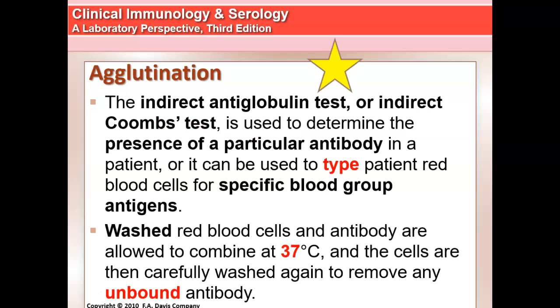The indirect antiglobulin test, or IAT, or indirect Coombs test, is used to determine the presence of a particular antibody in a patient. Or it can be used to type patient red blood cells for specific blood group antigens. Washed red blood cells and antibody are allowed to combine at 37 degrees Celsius, and the cells are then carefully washed again to remove any unbound antibody.